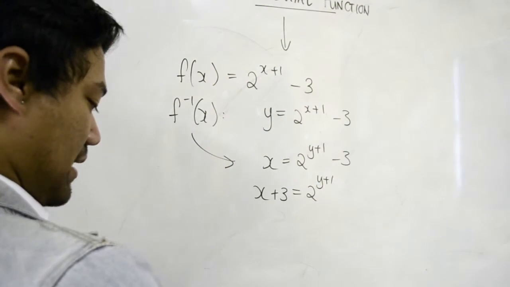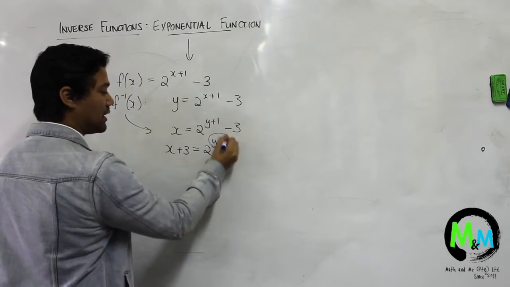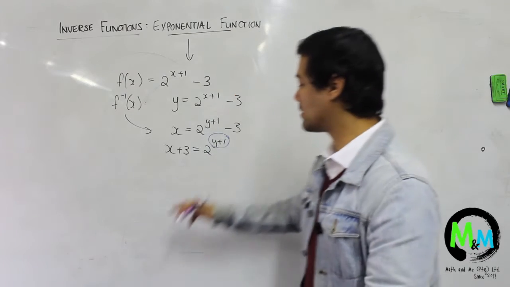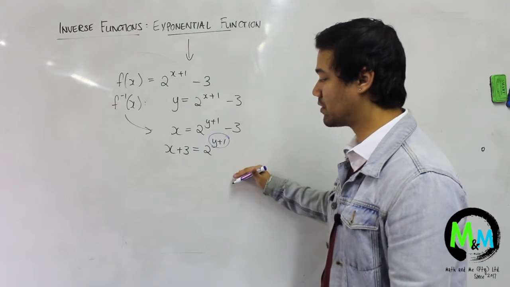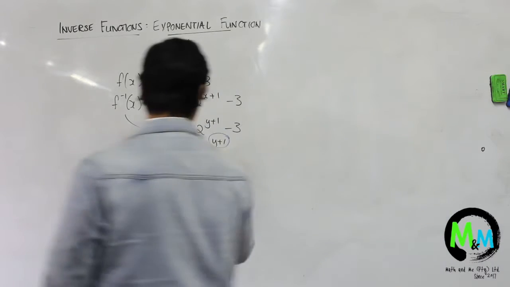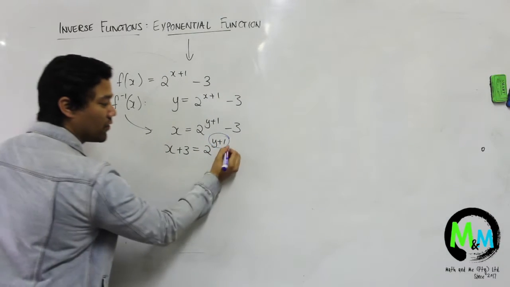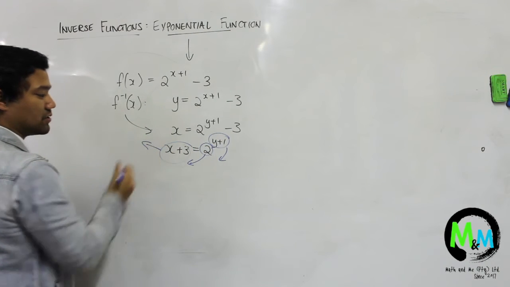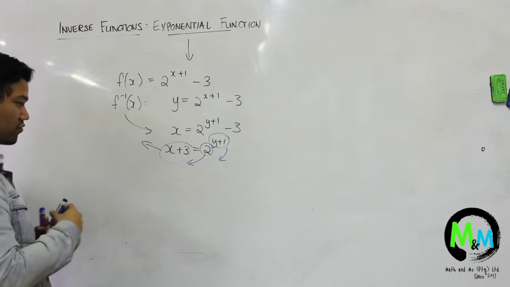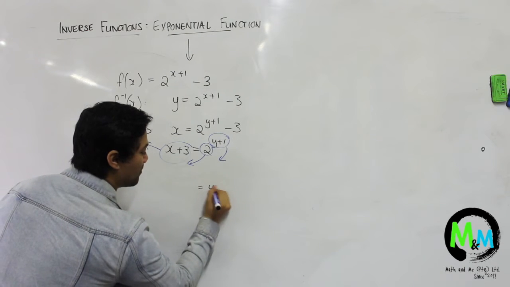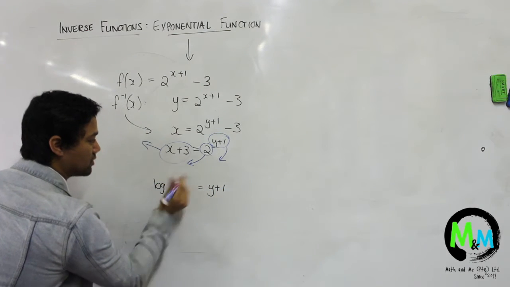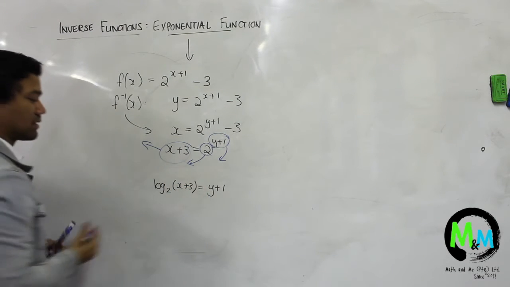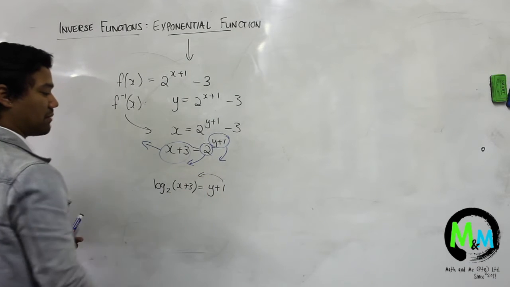Now we see that my variable is in the exponent, and this is where I will use my log rule. If I want my variable as an exponent to come down, I'm going to need to use logs. So remember, it's just a flow. Y plus 1 comes down, 2 goes to the bottom, x plus 3 goes to the top. Last thing, to get my y alone, I'm just going to bring my 1 over.